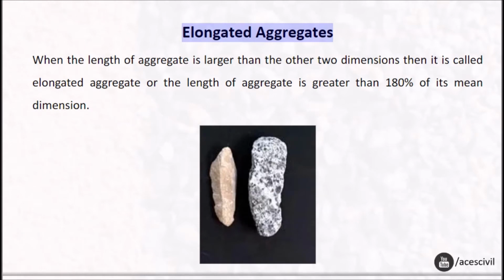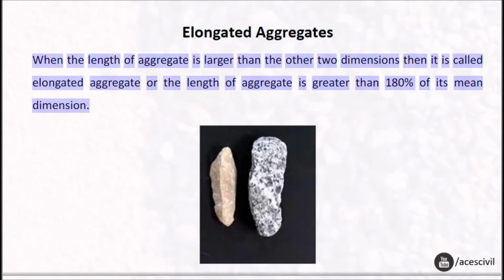Elongated aggregates. When the length of aggregate is larger than the other two dimensions, then it is called elongated aggregate, or the length of aggregate is greater than 180% of its mean dimension.